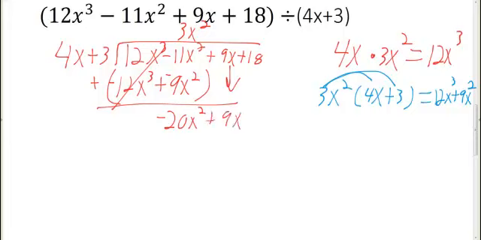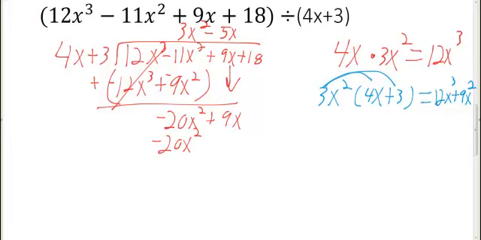and then we multiply again. So we look at the 4x times what equals negative 20x squared, and that would be negative 5x, because 4 times negative 5 is negative 20, and x times x is x squared. Again, notice that we're really not worrying about that 3. That's an afterthought, but we do have to multiply it once we get it. So we have negative 5x times 4x, which is negative 20x squared.